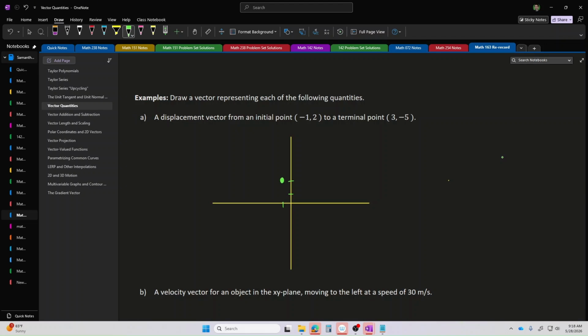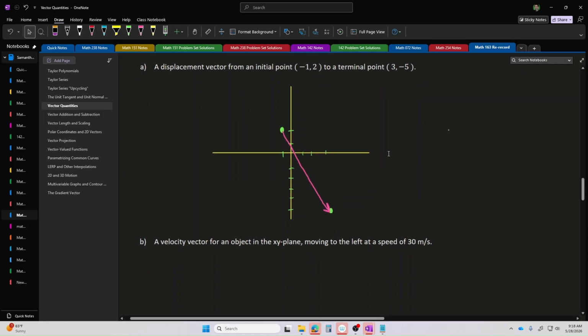And the terminal point is over here at +3, -5. So this is our terminal location. And then the displacement vector that takes me from this point A to this point B would be drawn as an arrow that directly connects us from point A to point B.